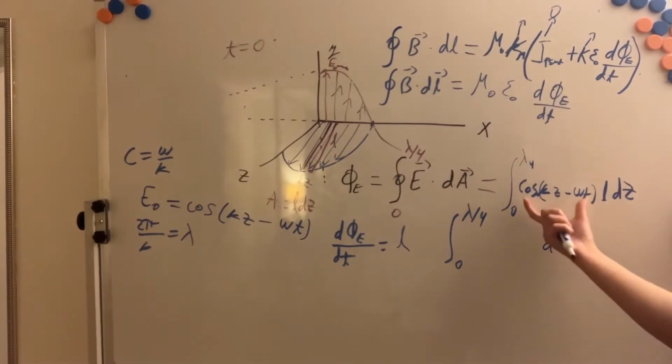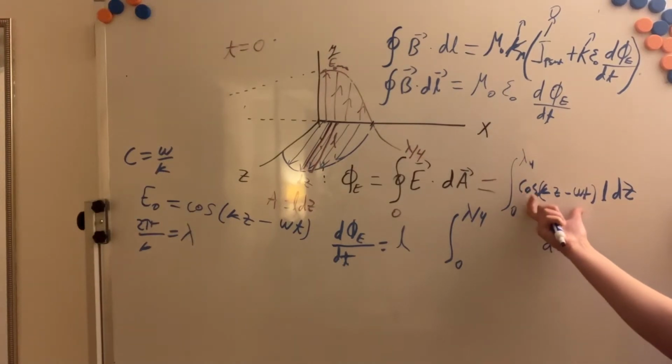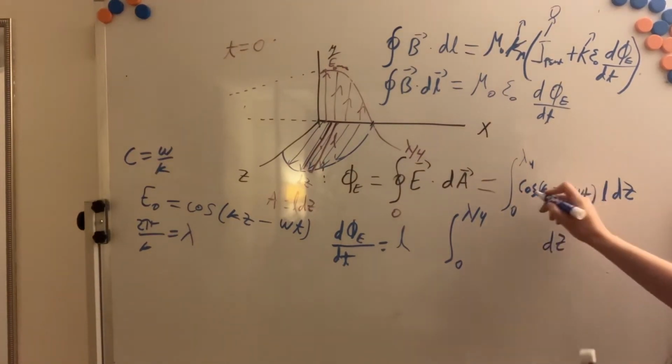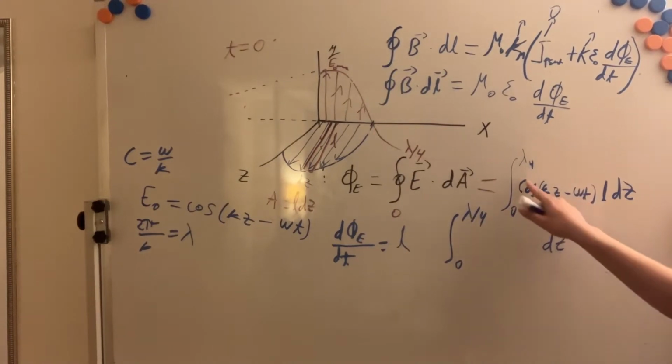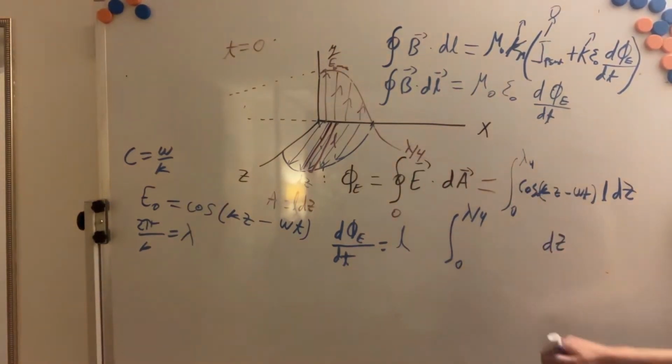The derivative of cosine is negative sine of whatever we have in here.